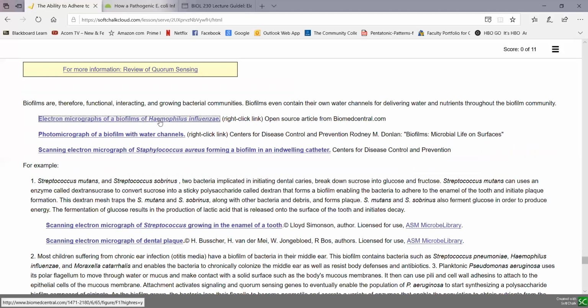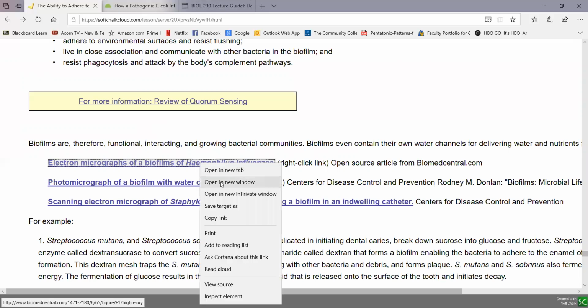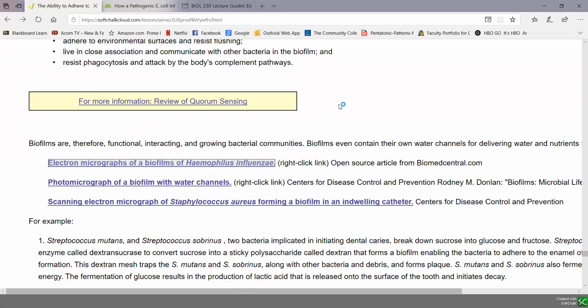So these are some pictures we showed you of Haemophilus influenzae producing a biofilm. So here are some of the pictures we showed you of Haemophilus influenzae, a bacillus-shaped bacterium, and you see the secreted biofilm sticking to the bacteria.